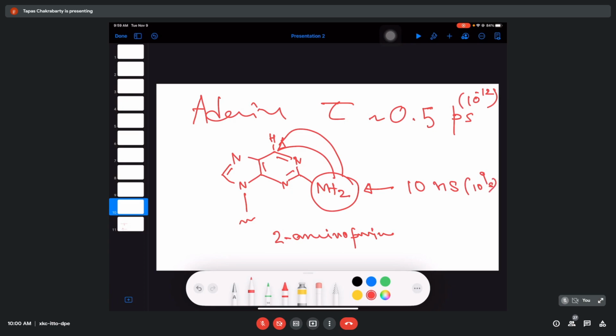So the lifetime is changing by more than 3 orders of magnitude, simply by changing the substitution of the amine group from the 6 position to the 2 position. In adenine, the amine group is present at the 6 position.